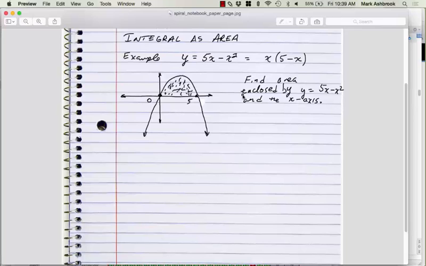Okay, so here's how we're going to do that. Thinking about these rectangles, what we're going to do is sketch a typical strip. That's like a rectangle, but we'll call it a strip. So a typical strip will be like our rectangle.